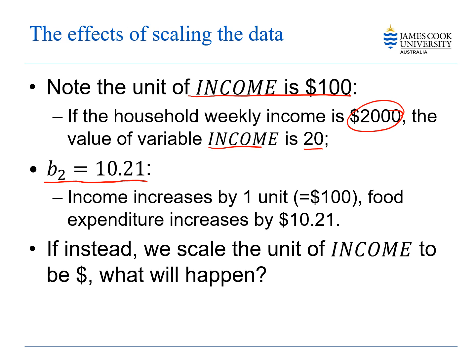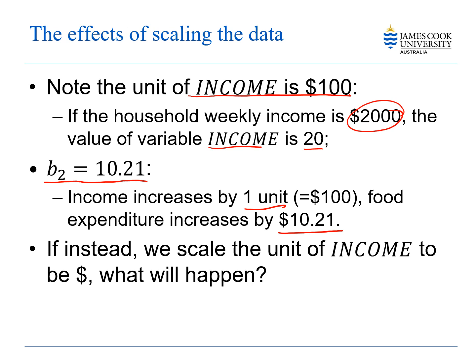This means if income increases by 1 unit, here 1 unit is $100, food expenditure will increase by $10.21. Okay, that's how we can interpret b2, the estimate of beta 2.